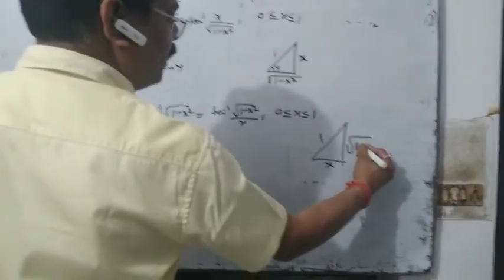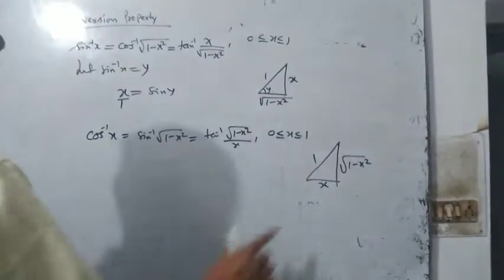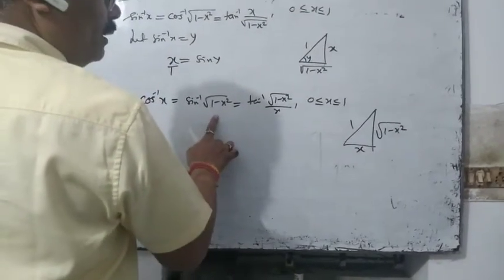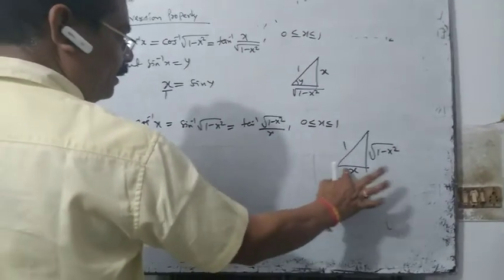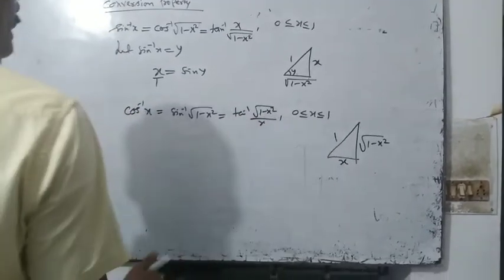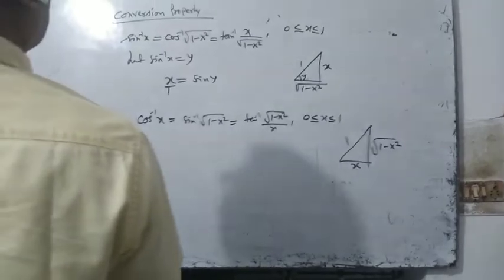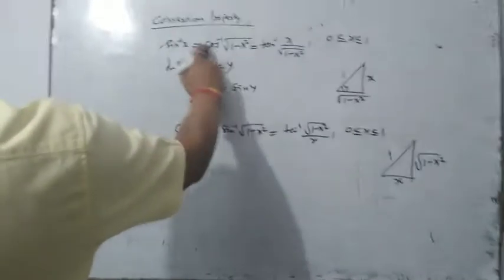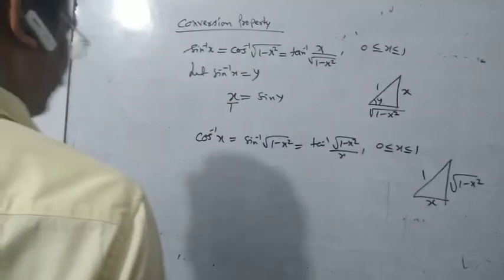Then perpendicular is root 1 minus x square. You can see that sin is perpendicular upon hypotenuse, root 1 minus x square. Similarly, tan is perpendicular upon base, so tan inverse of root 1 minus x square upon x. So this changes cos to sin to tan, or sin to cos or tan.